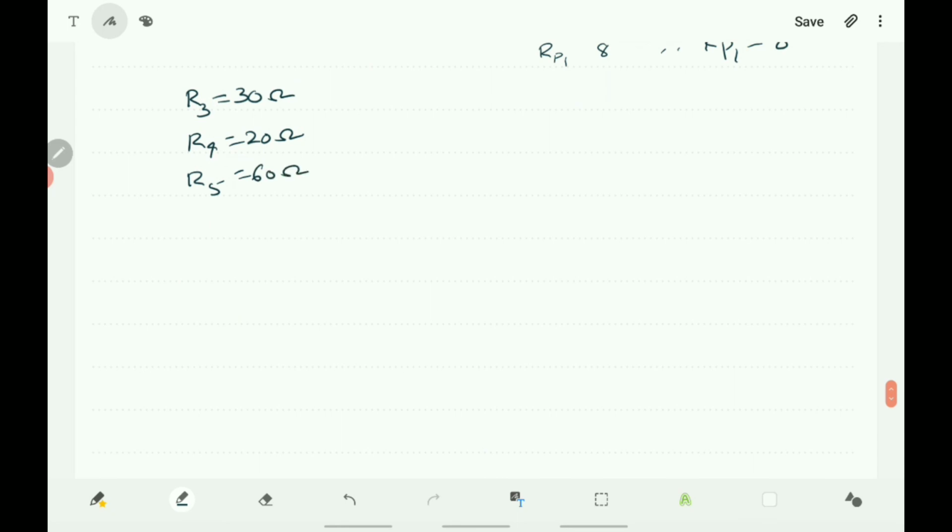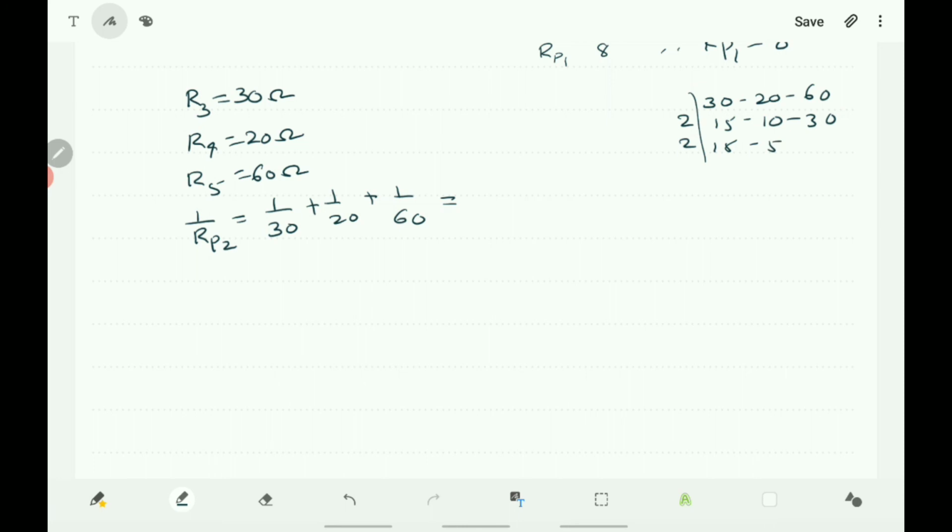Then 1 by Rp2 is equal to 1 by 30 plus 1 by 20 plus 1 by 60. Find the LCM of 30, 20, 60. 2 15s are 30, 2 10s are 20, 2 30s are 60. Again 2 5s are 10, 2 15s are 30, 3 5s are 15, then 5 3s are 15, 15 4s are 60.